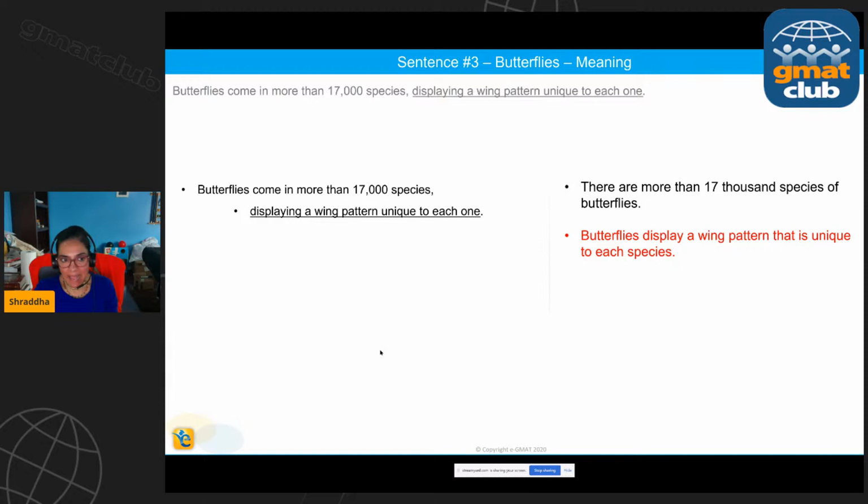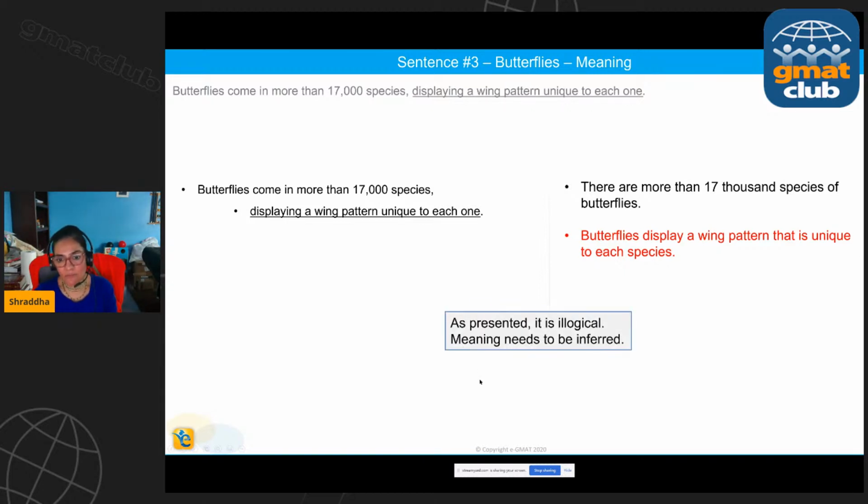The meaning is that, well, okay, we understand that butterflies come in more than 17,000 species, and probably every species displays a wing pattern which is unique to each of these species. That could be one meaning. But definitely, this modifier has got nothing to do with the action in the sentence. So that is what we need to fix in our answer choice.